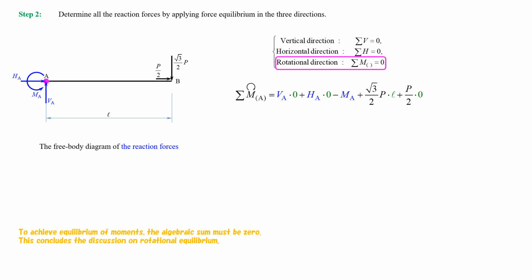To achieve equilibrium of moments, the algebraic sum must be 0. This concludes the discussion on rotational equilibrium.